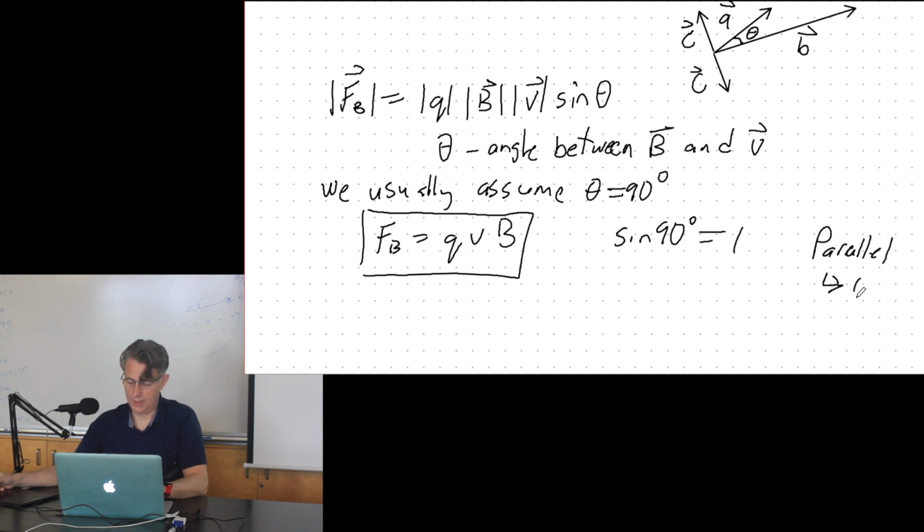Theta equals 0, and therefore F_B equals 0 as well, because sine of 0 is 0. So there's no force when they're parallel.